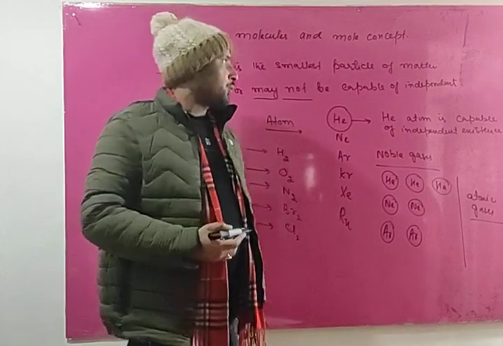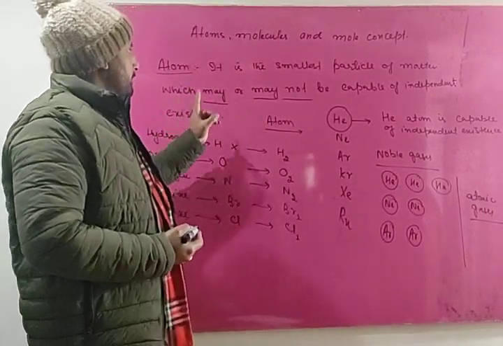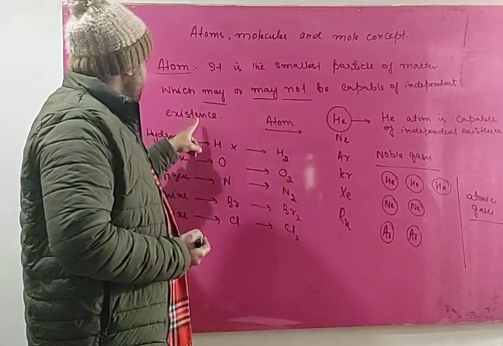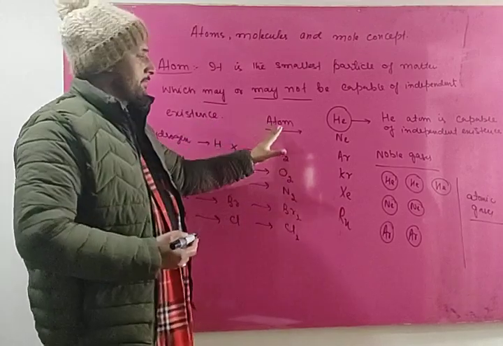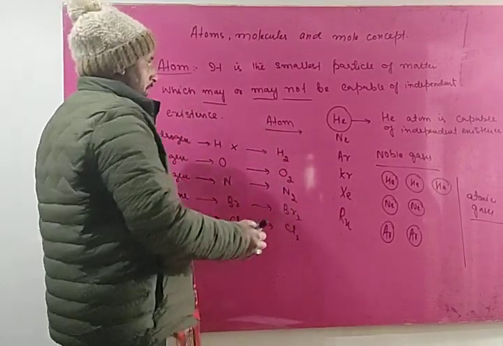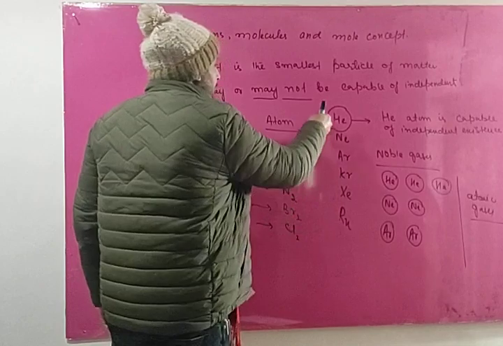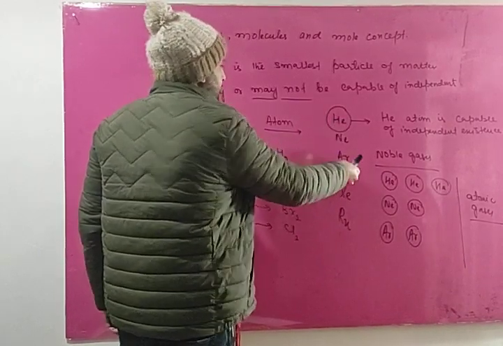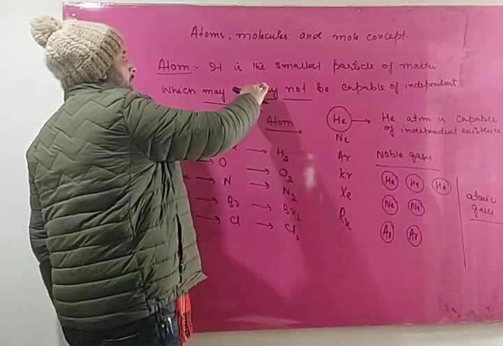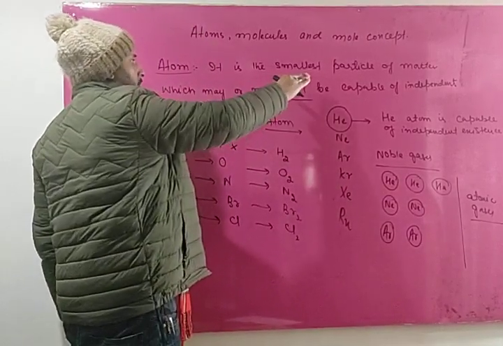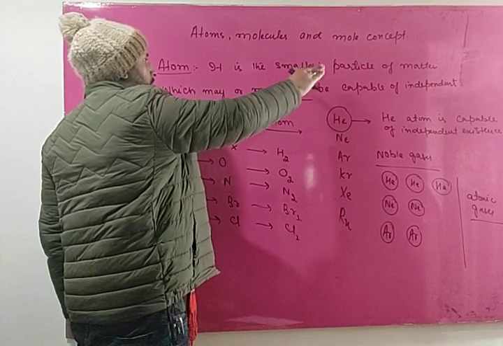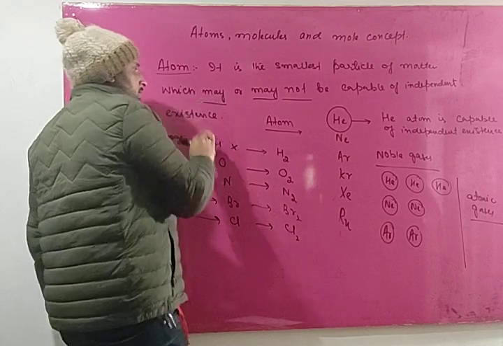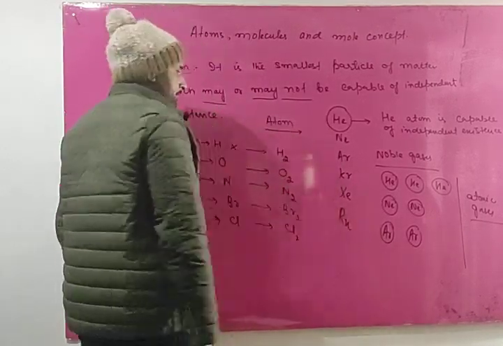Okay? So, the definition of atom, that it is the smallest particle of matter which may or may not be capable of independent existence, is deciphered here. In case of these elements, the individual independent atoms are not stable, while isolated atoms of the others are stable. So this part of the definition, that matter is made up of small particles which are called atoms, which may be capable of independent existence, is clear here.